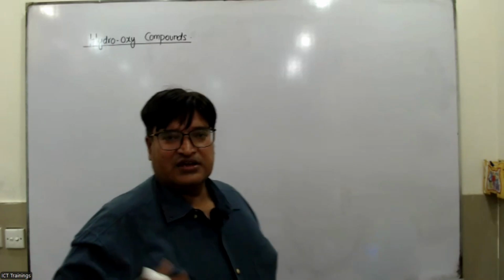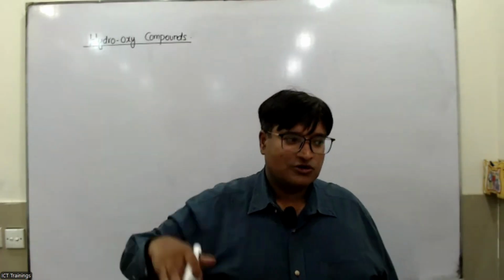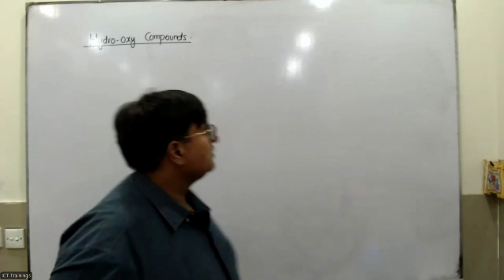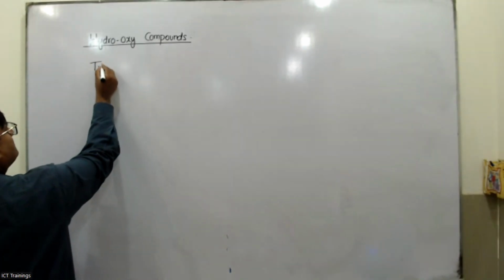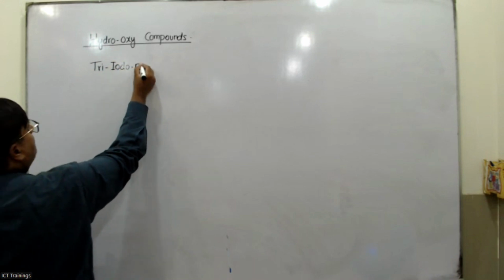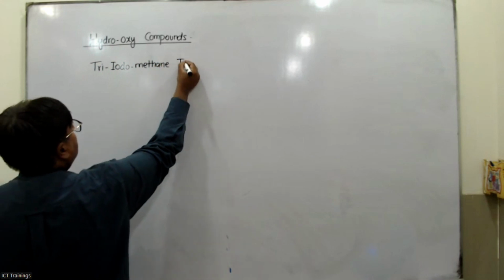But I'm going to repeat that one for you because this is also present in that chapter. So let me repeat it for you. The first one is the triiodomethane test.